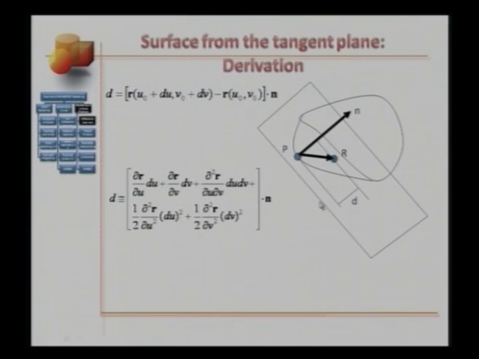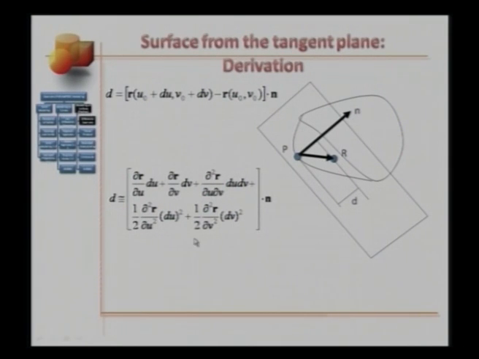So this projection D can be approximated as partial r over partial u times du plus partial r over partial v times dv plus partial 2r over partial u partial v times du dv, which corresponds to the mixed derivative, plus half of partial 2r over partial u squared times du squared plus half of partial 2r over partial v squared dv squared.